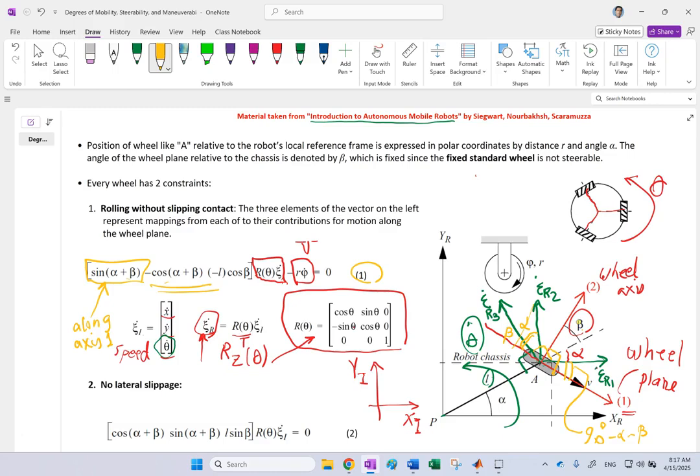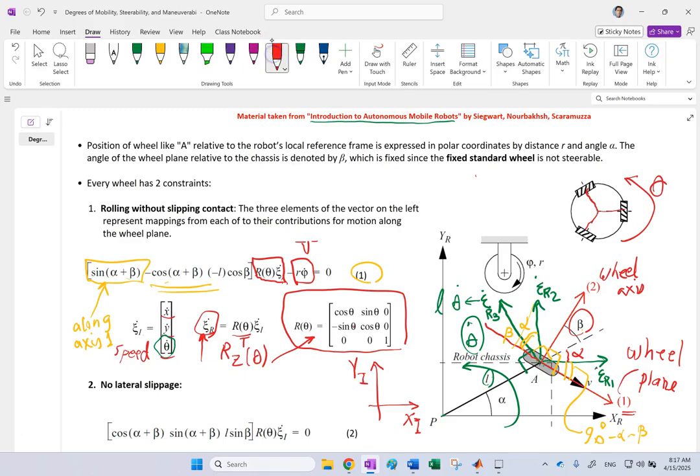And finally, what about the xi dot r3? Well, xi dot r3 is actually just theta dot, but the velocity that you have along axis 3, if you remember, is basically L times theta dot. And how would you project it along axis 1?